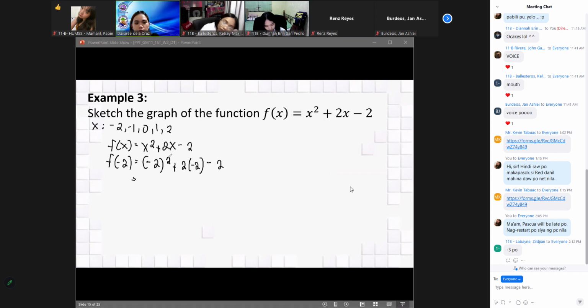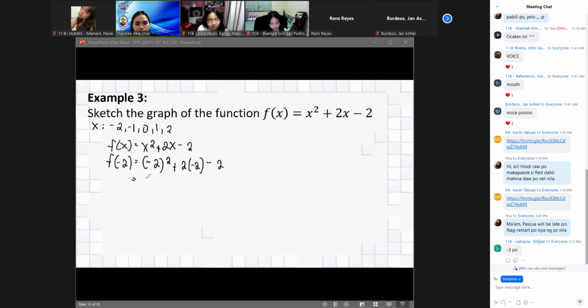And then after that, simplify lang natin. So, negative 2 squared. Ibig sabihin, ilang beses nating uulitin si negative 2? Dalawa po. So, negative 2, negative 2. So, 2 times 2, 4. Negative times negative, positive. Okay, so therefore, isusulat lang natin siya as positive 4 o 4 na lang.